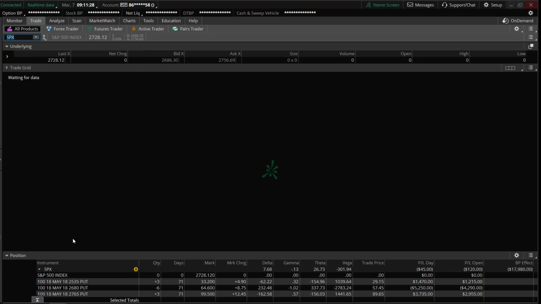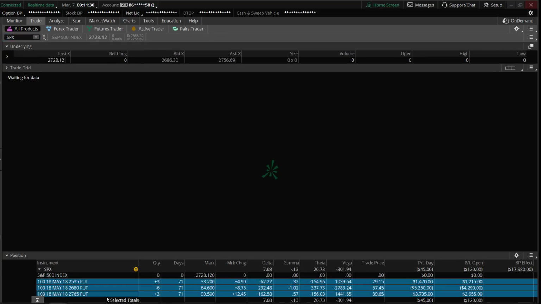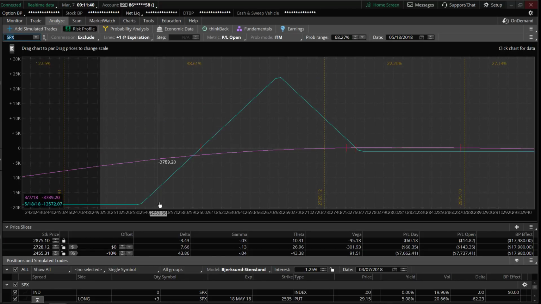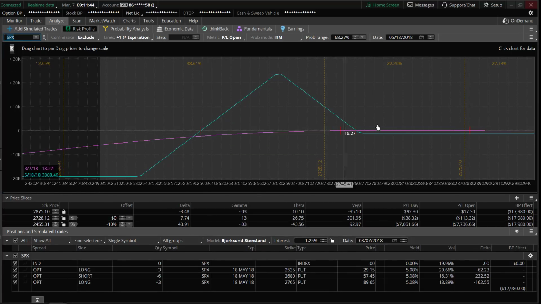So we have an index butterfly on, where the subscribers are centered around the 2680 strike: 2535, 2680, 2765. If we go over here to analyze, just to get a visual representation of what this thing's going to look like, we are going to be down some money here a little bit. We wanted this thing to kind of live in here.